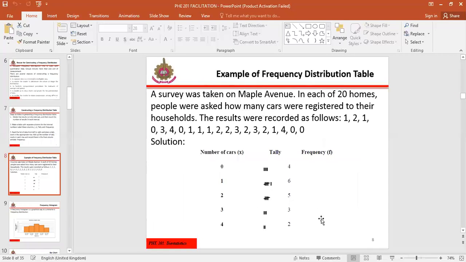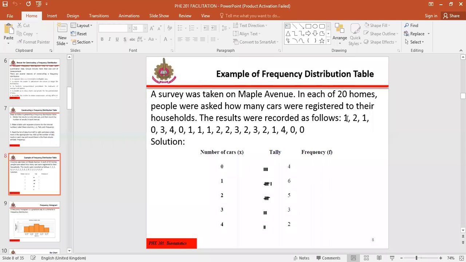Now let's look at this simple example so that you have a better understanding of what I just explained. Look at this question. A survey was taken on Maple Avenue. In each of 20 homes, people were asked how many cars were registered to their households, and the results obtained were recorded as follows.